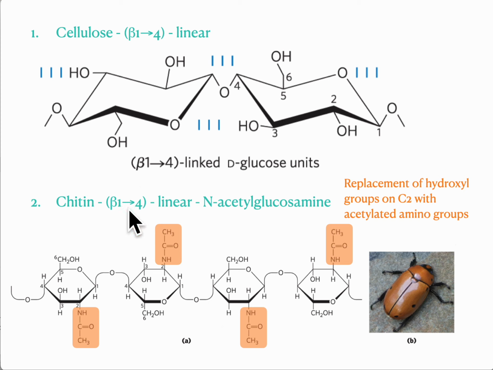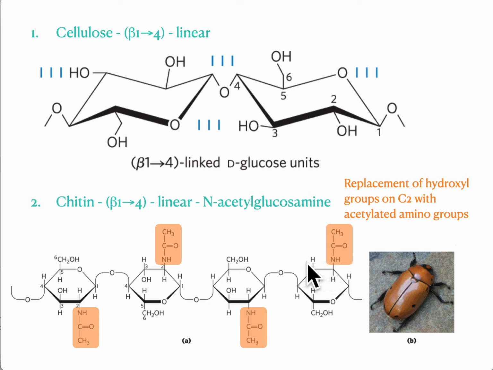And chitin also has this beta 1 to 4 glycosidic linkage, and it also has a linear form, though its monomers are made up of N-acetylglucosamine. So chitin is basically very similar to cellulose.